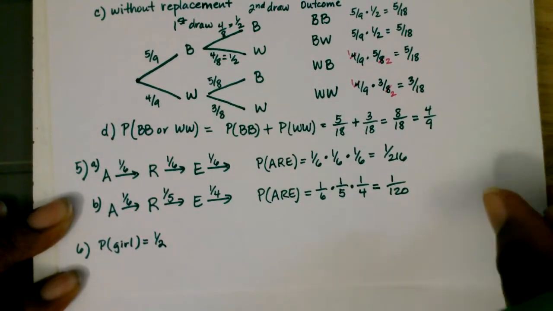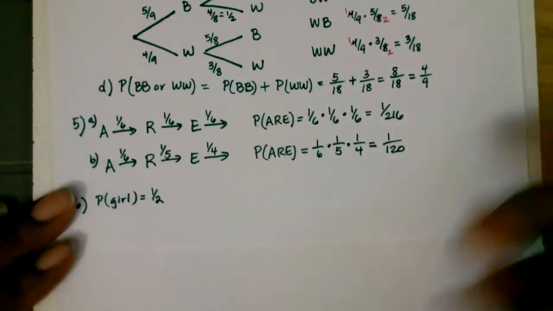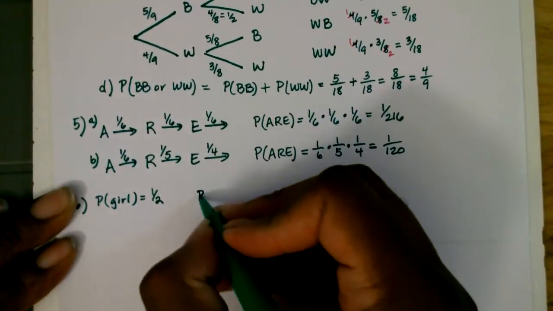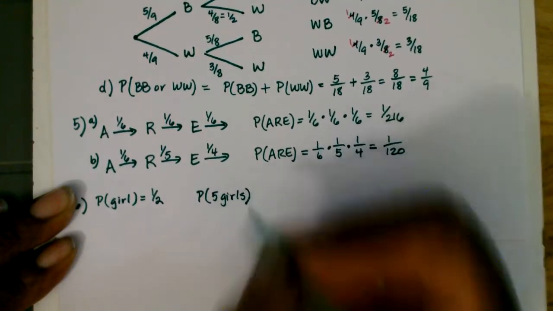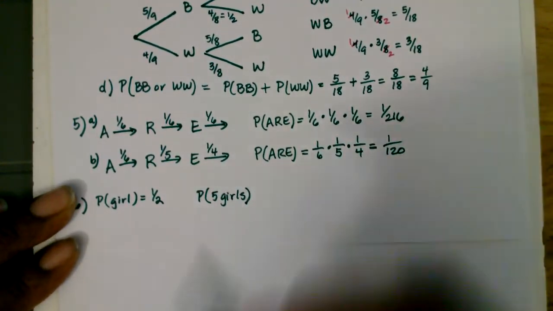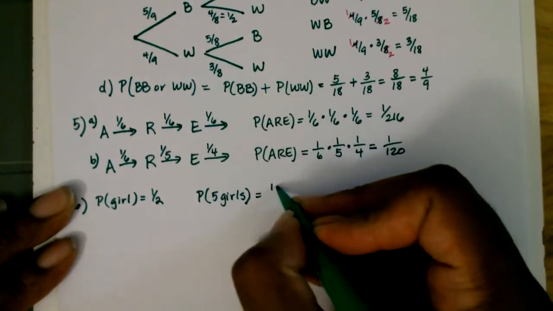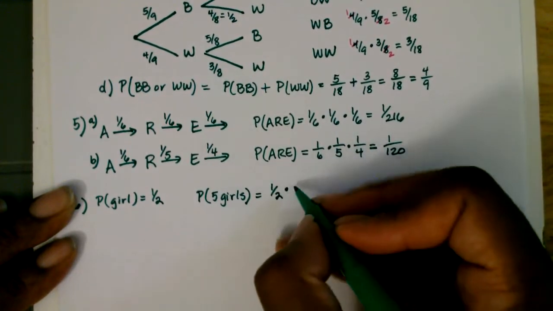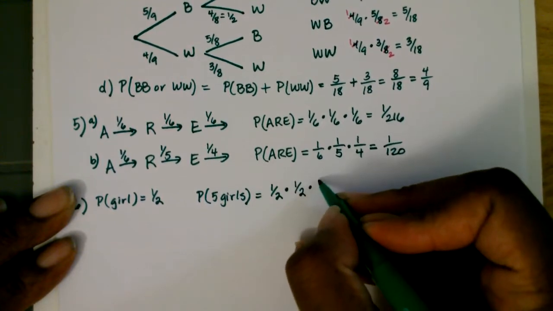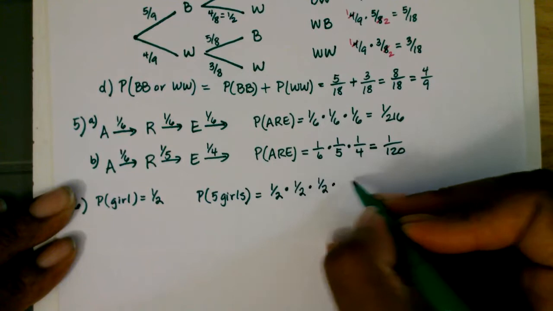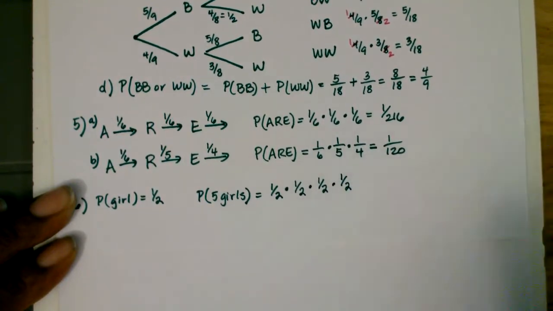So the probability of 5 girls is going to be this. The first girl, that probability is 1/2. The second girl, still 1/2. The third, the probability of a girl is 1/2. And on the fourth, that probability is still 1/2.